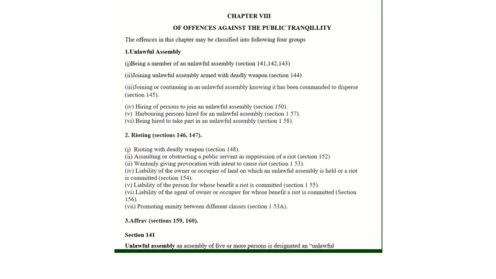Now comes the main discussion, that is section 144 of IPC. Section 144 is mentioned in chapter 8 of IPC, that is, of offences against the state tranquility.